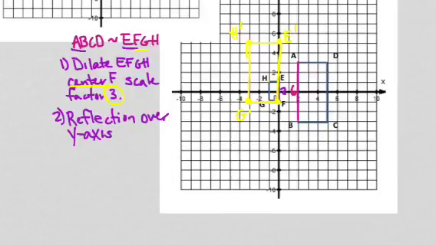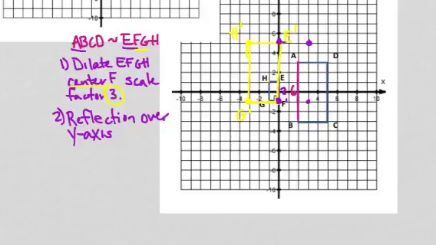So let's see where that puts me. If I reflect it over the y-axis, nothing happens to E prime and nothing happens to F prime. I didn't mark F prime before, I should do that. So E prime and F prime stay the same, but H prime now comes to the other side of the y-axis. So it comes over here to the 3, and G prime comes over here to the 3.